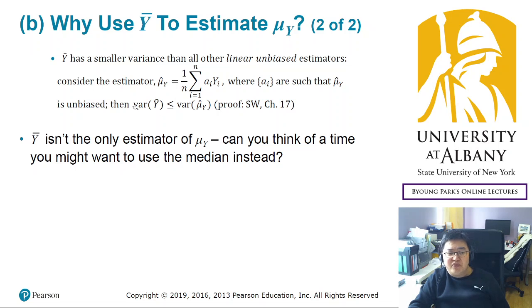The variance is the uncertainty of your estimator, or how inaccurate your estimator is. It's about the spread, the divergence from the true parameter. So the smaller the variance, the better the estimator is.